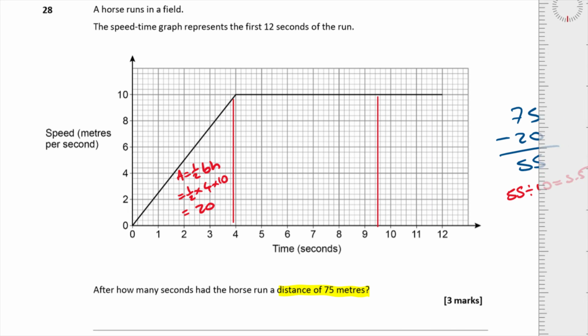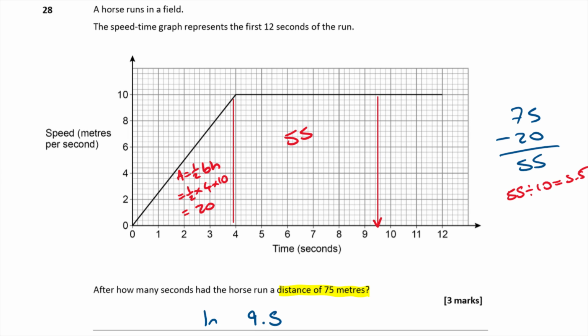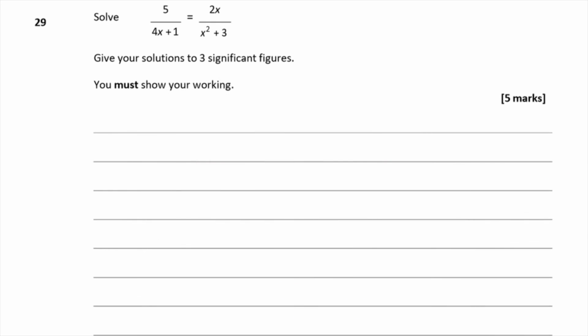Giving me an area of 55, and a total distance travelled of 75, and that tells me that the horse has covered 75 meters in 9.5 seconds. So after how many seconds has the horse run a distance of 75 meters? In 9.5 seconds.